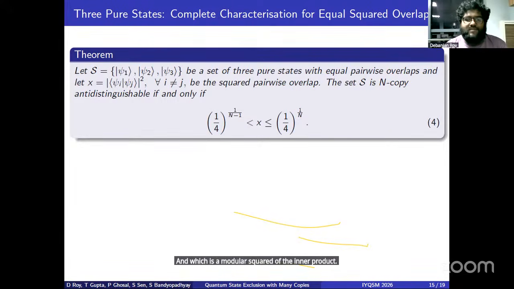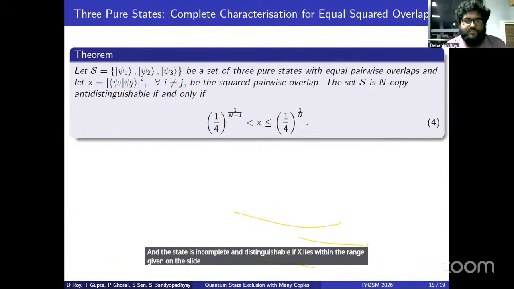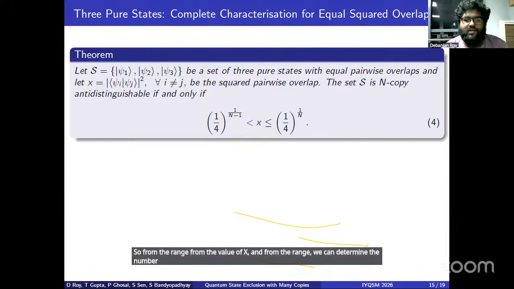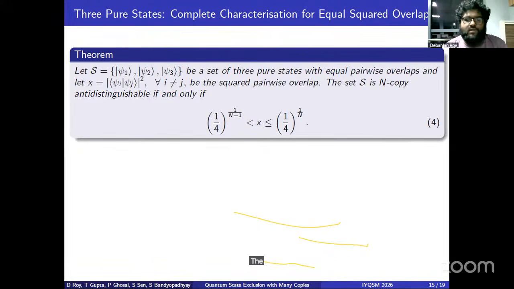The states are n-copy anti-distinguishable if x lies within the range given on the slide. So from the value of x, from the range, we can determine the necessary and sufficient number of copies required for the set of 3 pure states to admit state exclusion.